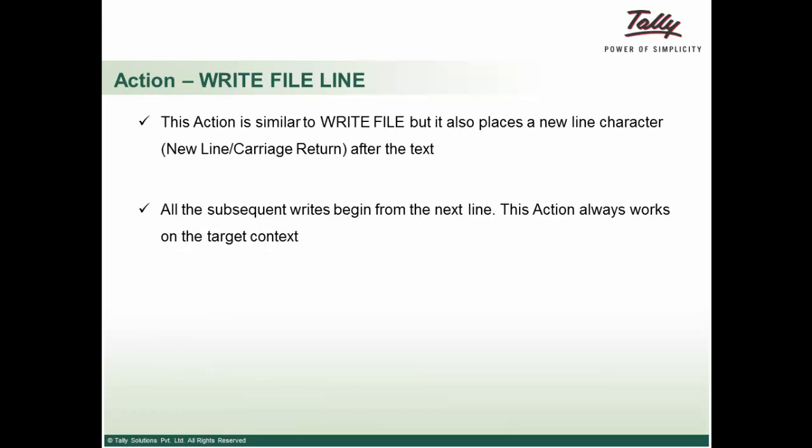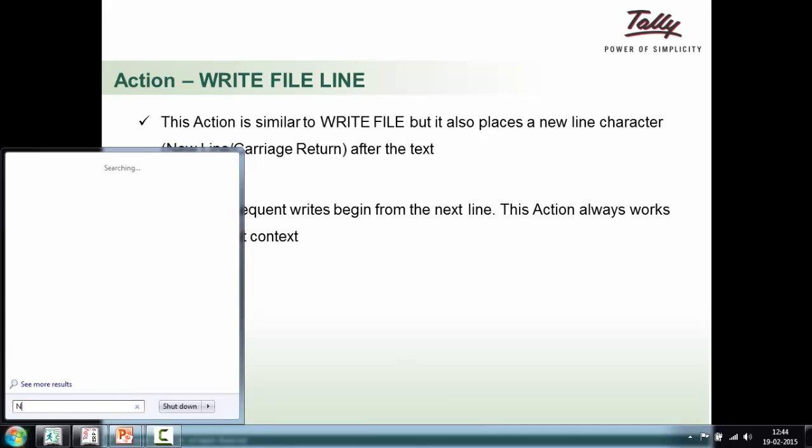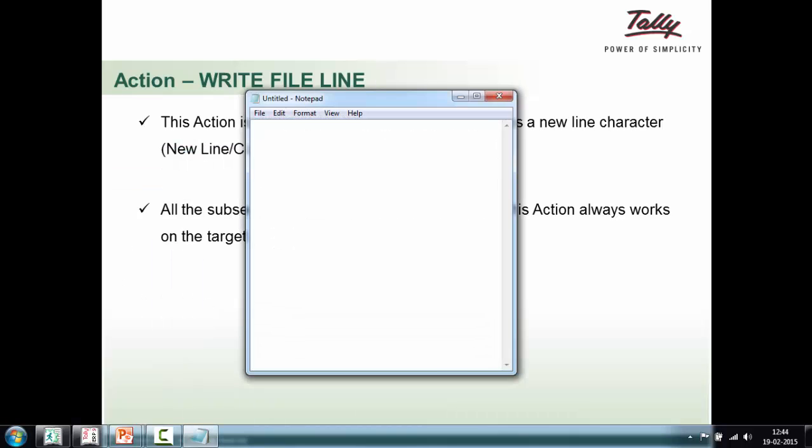Write file line is similar to write file, but the difference is it will start writing from the next line. So if, for example, we have this notepad, and this is our text and my cursor ends here. When we give a write file, it will continue to write from here.